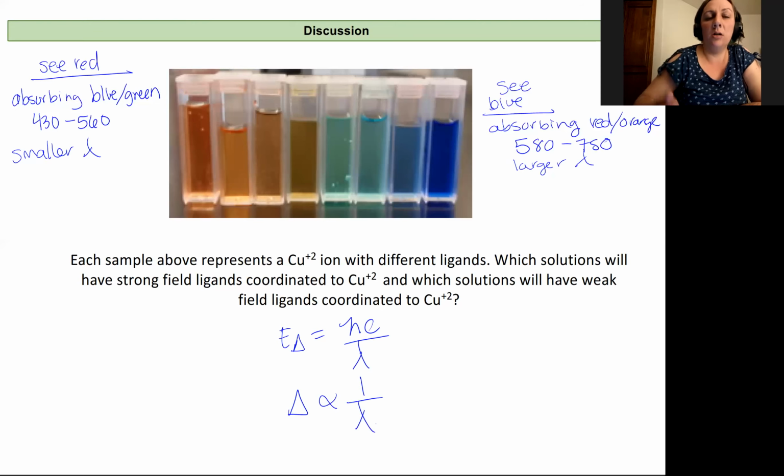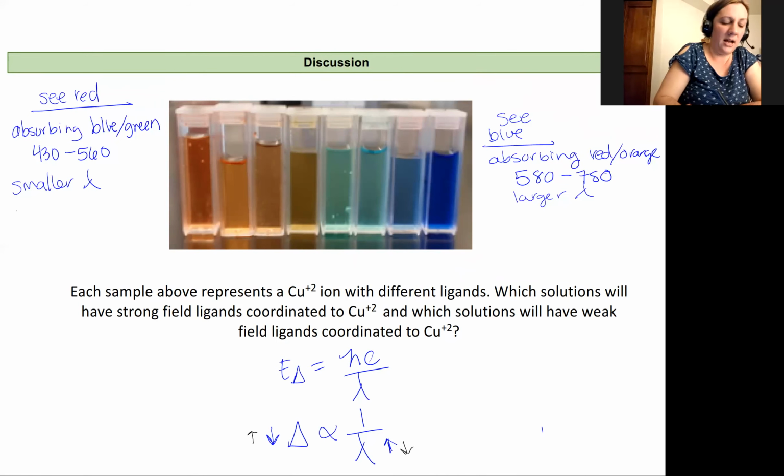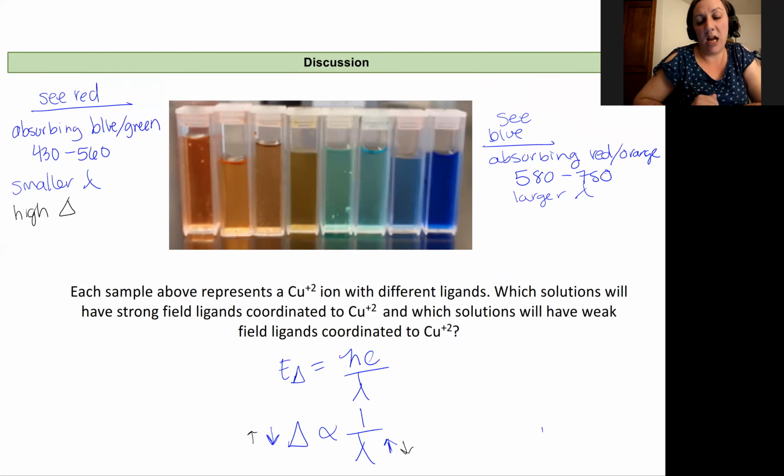As the wavelength gets bigger, my energy gets smaller. Or as my energy gets bigger, I expect a smaller wavelength. So when I see a small wavelength, for when I'm seeing red, I know I have a high energy. And when I'm seeing a larger wavelength, I have a smaller energy for my crystal field splitting.